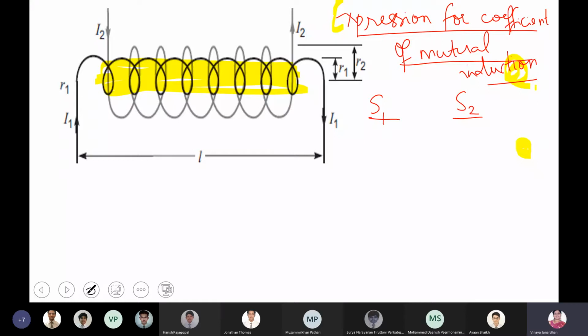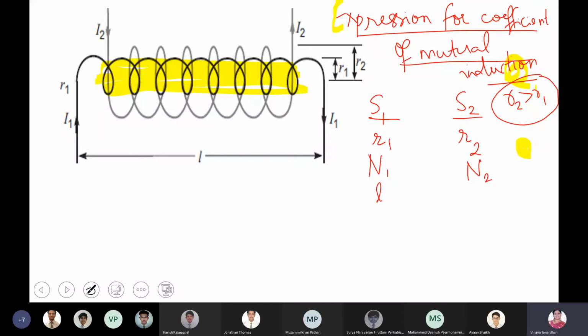Now the radius of the first coil S1, because S1 is a smaller coil relatively compared to the other coil S2, so the radius R2 is greater than radius R1. Now let N1 be the total number of turns of S1, N2 is the total number of turns of S2.